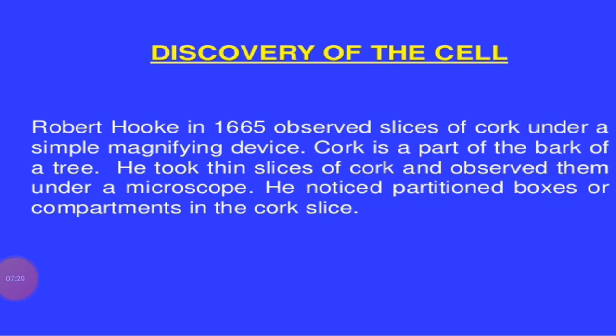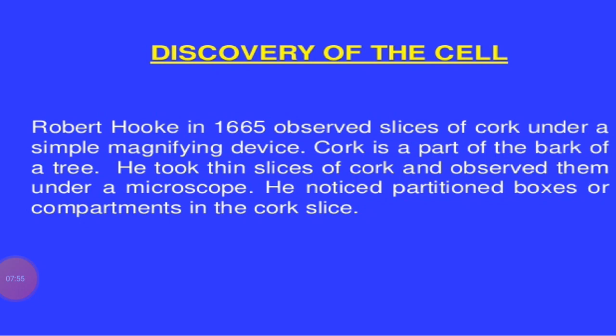Cells are the basic building blocks of all living things, because all living things are made up of cells. And we can compare these cells with bricks, because just as bricks are required to make a building, our body is also made up of millions or trillions of cells.